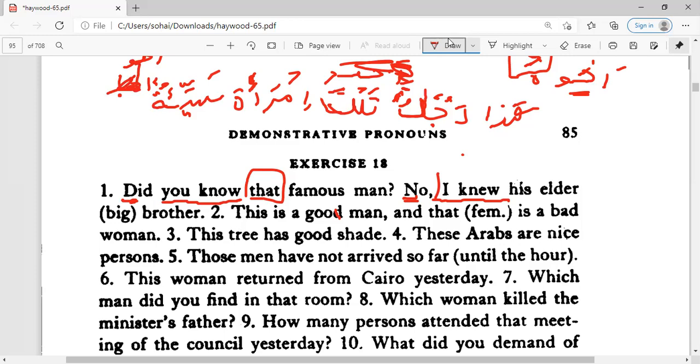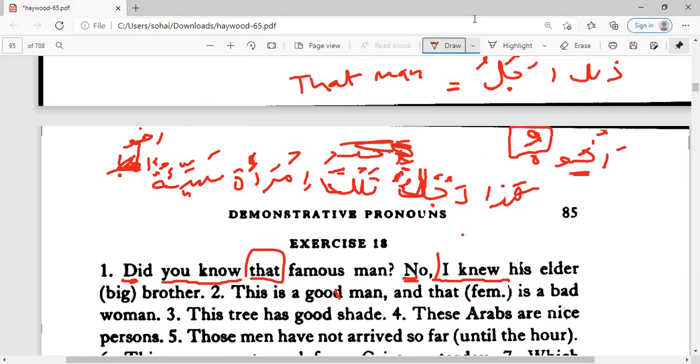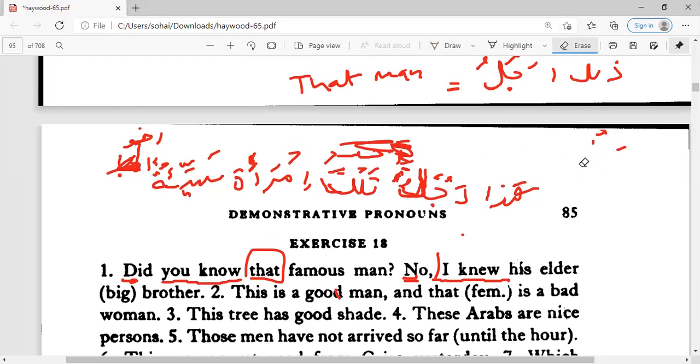Imra'atun, not imrana. So how do you say good man? Hada rajulun. This is a good man. How do you say good?